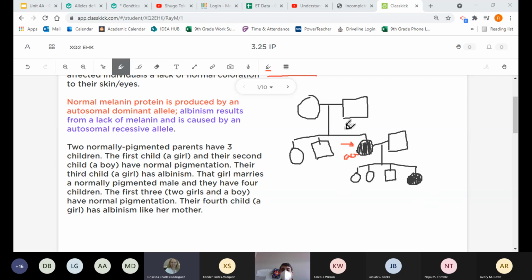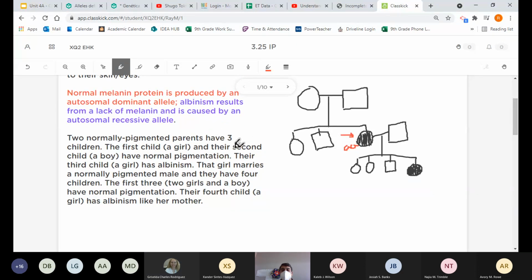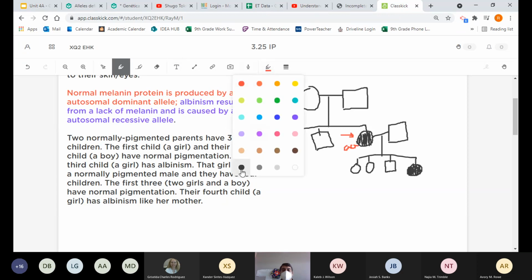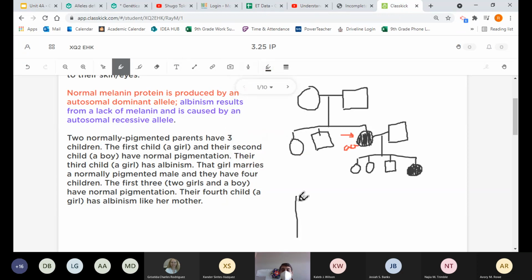Now, you have to work backwards and figure out what the parents are based off that information. So, we are told that they are normal pigmentation, and yet they have a child who does not have normal pigmentation. So, you draw your Punnett square. And we go ahead and put the child here.